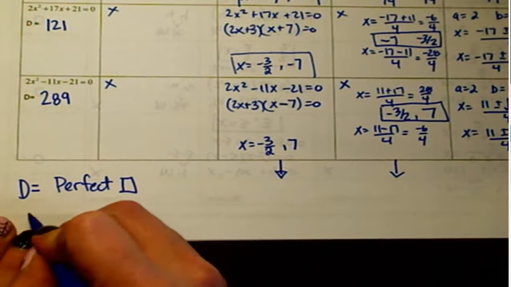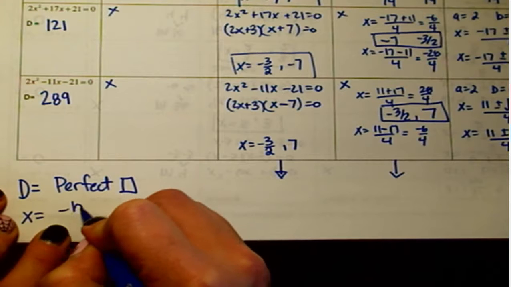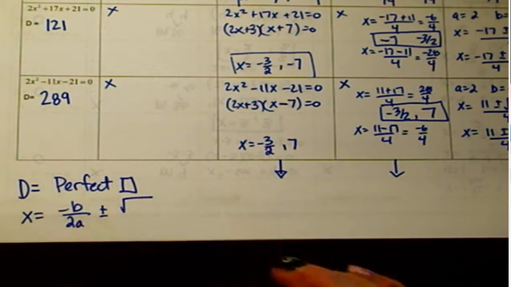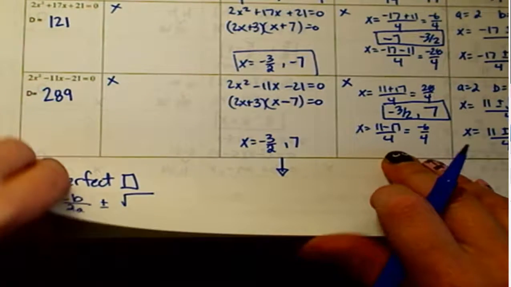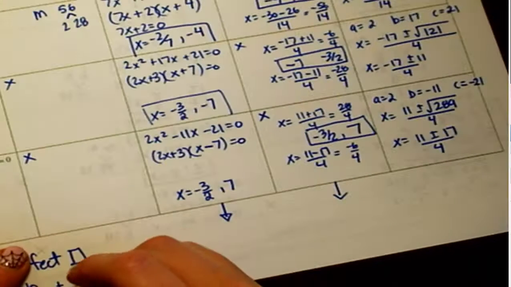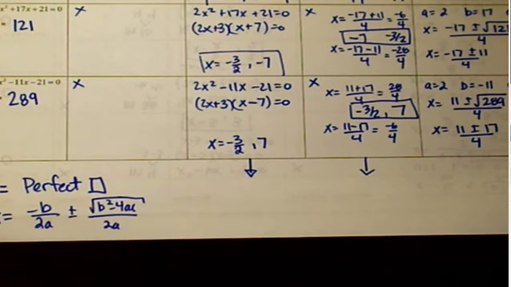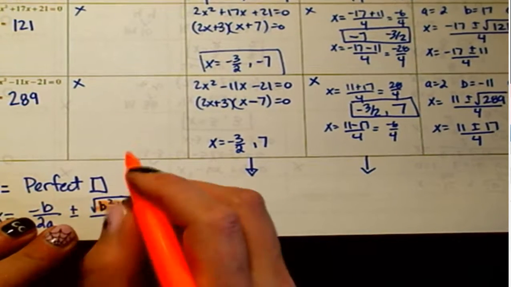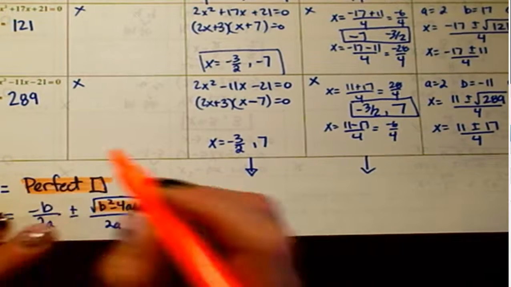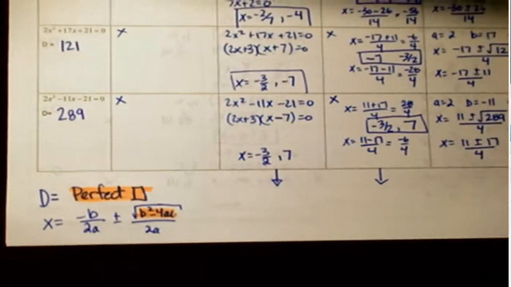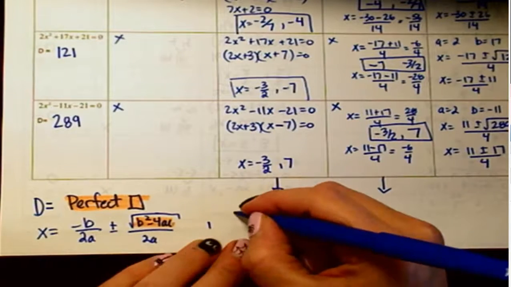If the discriminant is a perfect square, right, I'm just writing down my quadratic formula here. B squared minus 4AC. Okay. If the discriminant is a perfect square, what happens to the solving? Okay, what happens to the factors?